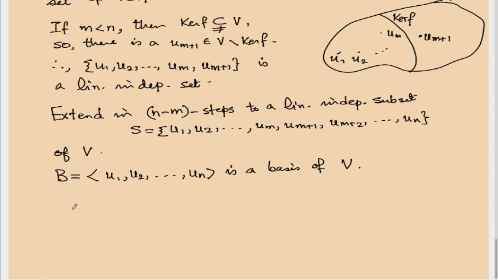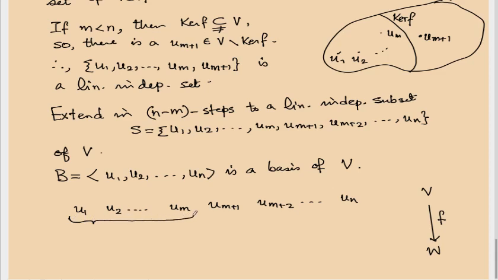So here is u1, u2, um, this is in V. This is F. All of this is taken to 0.